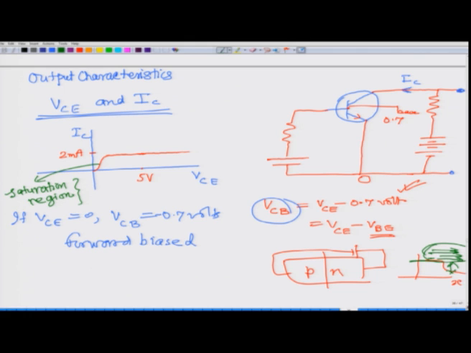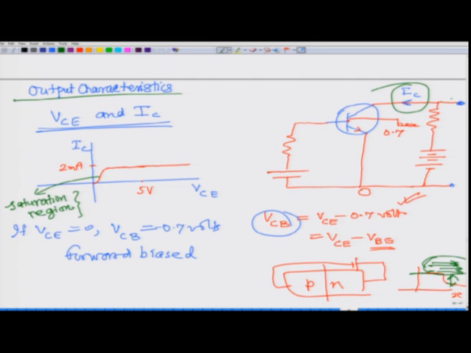Now, this is for a particular IB. When you draw these output characteristics, when you plot this current IC as a function of this voltage VCE here, you keep IB constant. So, all these things are for a constant IB.